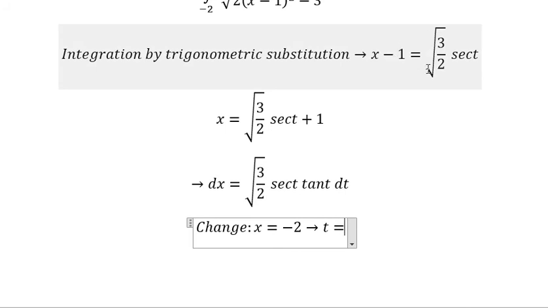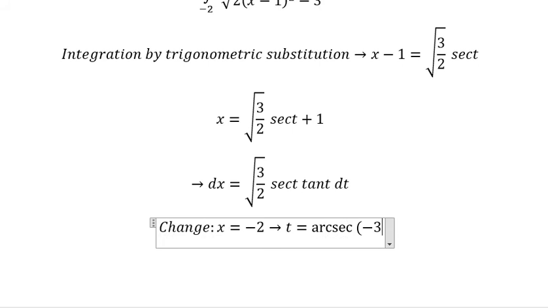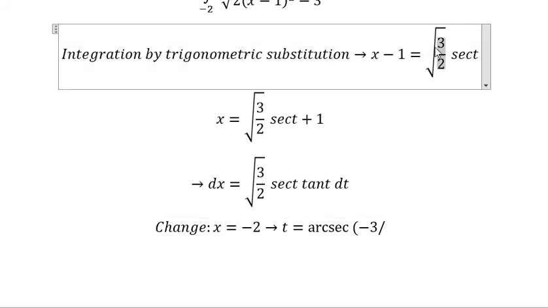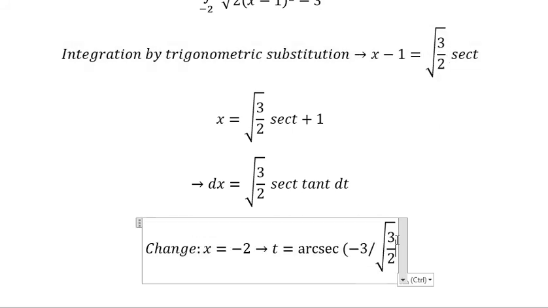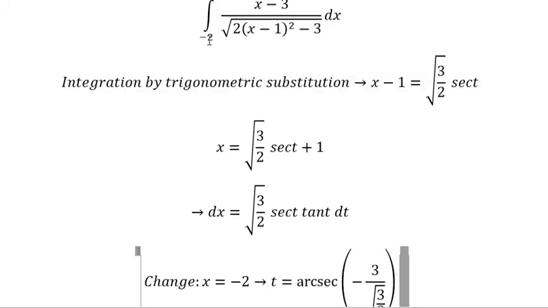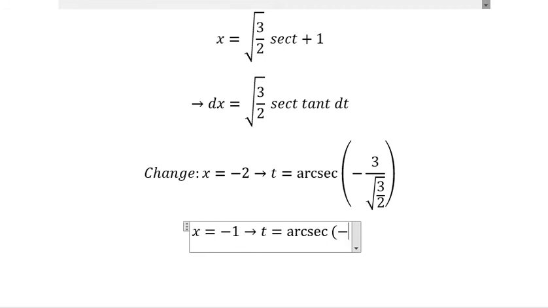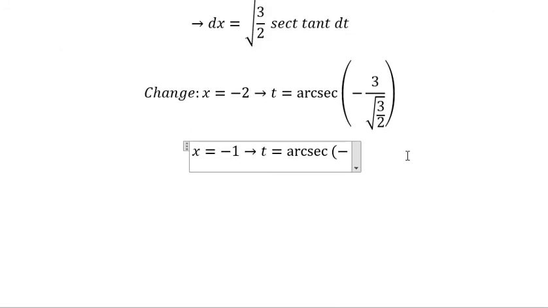Negative 3 divided by this square root, and you get secant of negative 3 over the square root. Similar for negative 1. So that's negative 2 over this square root.